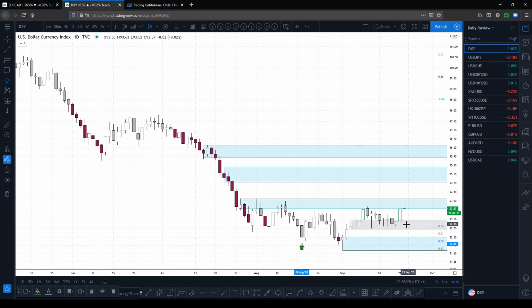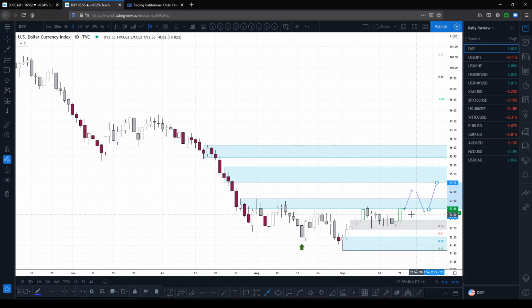So unless we can take out this level, then we're going to focus on prices more likely to go through this level, in which case then we can start to look for any pullbacks to any demand levels that may or may not form at this level, to see if we get a trend to the upside.